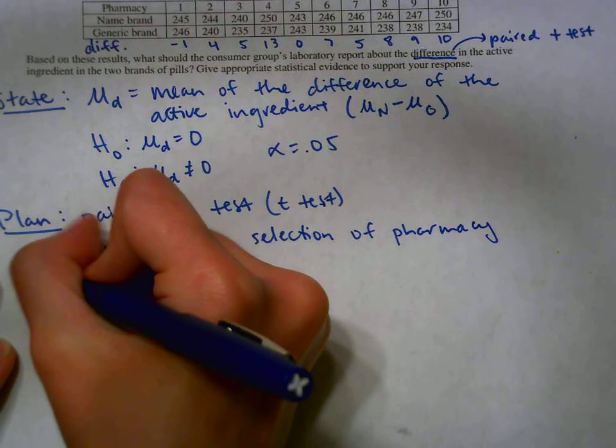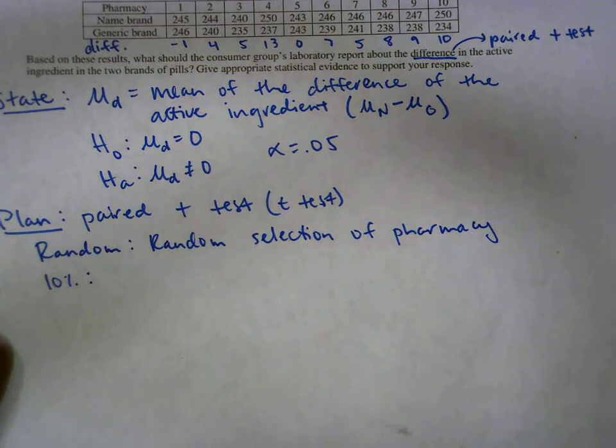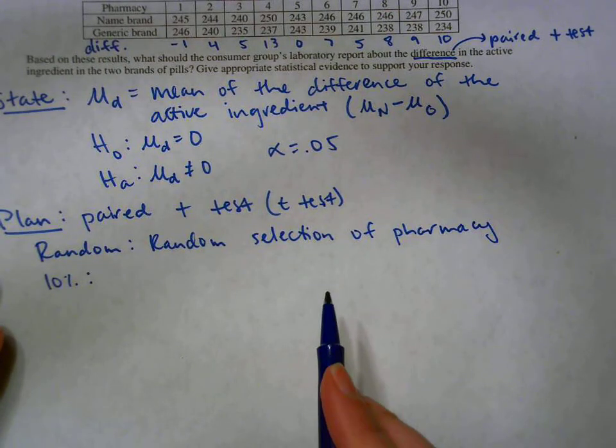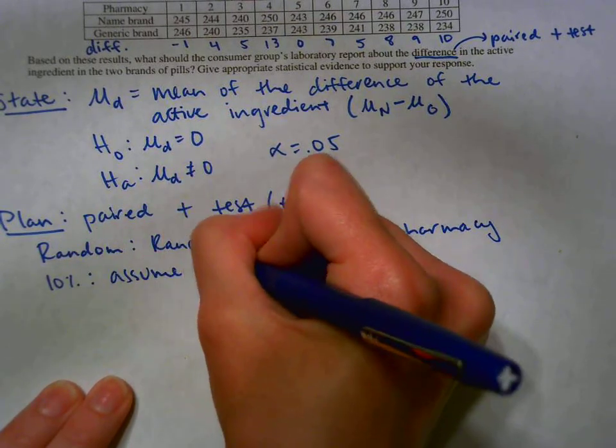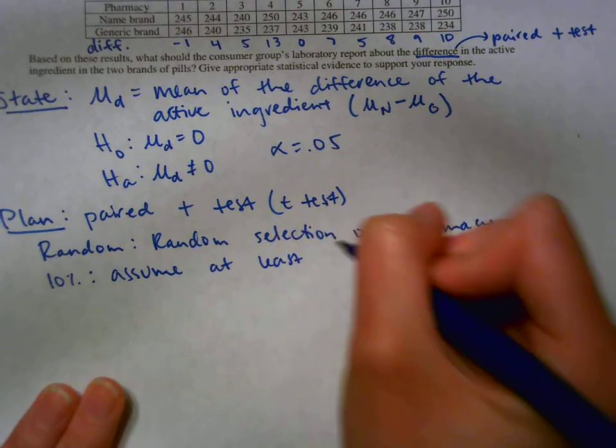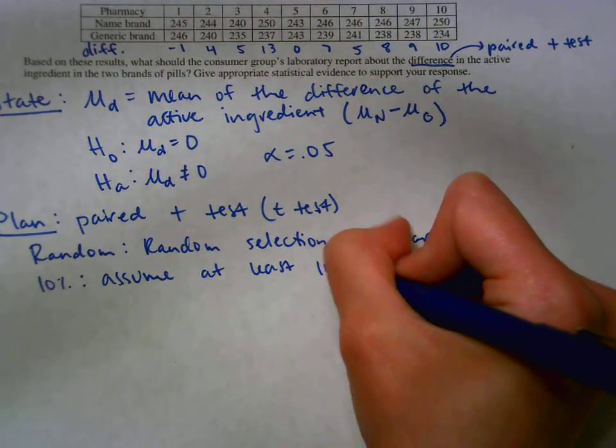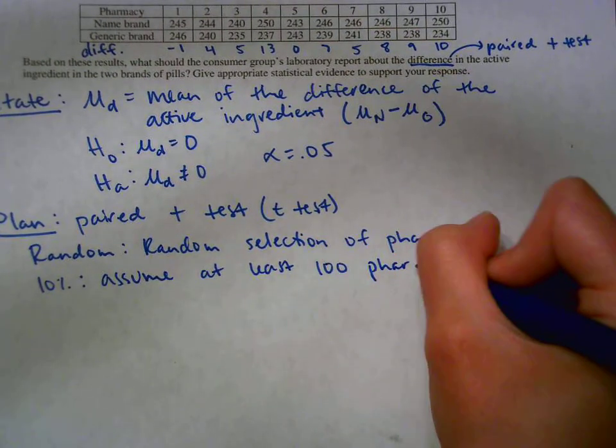And for 10%, we can say assume at least, how many would we need? 100 pharmacies in our population.